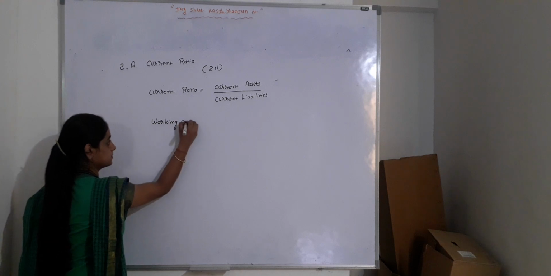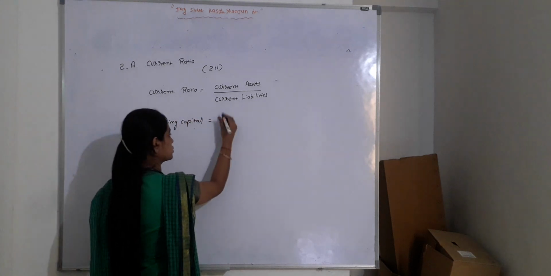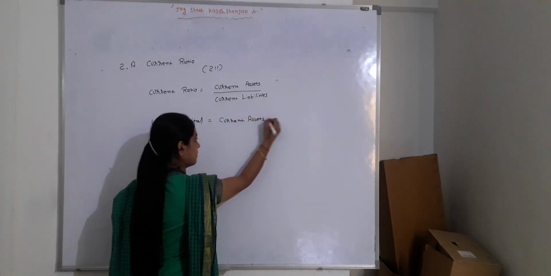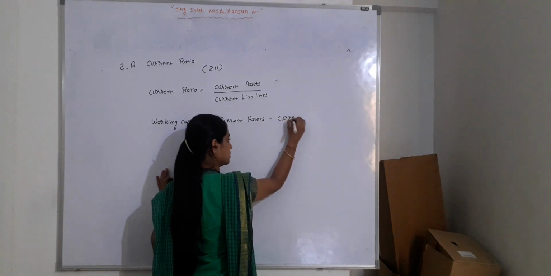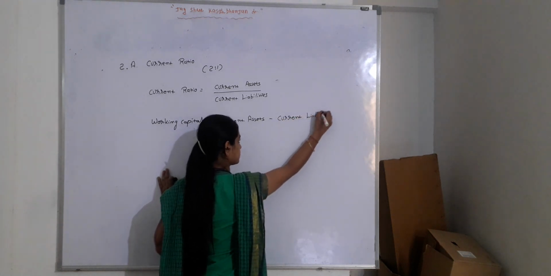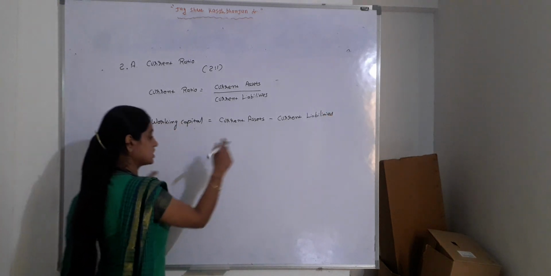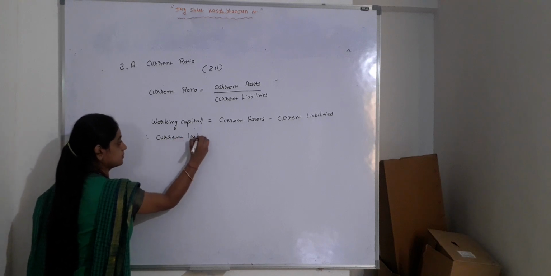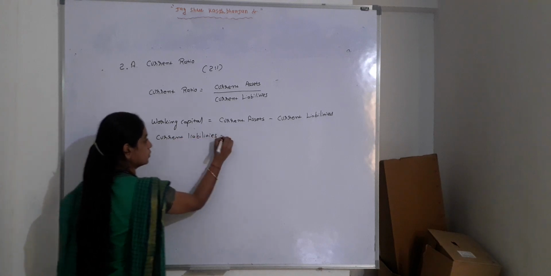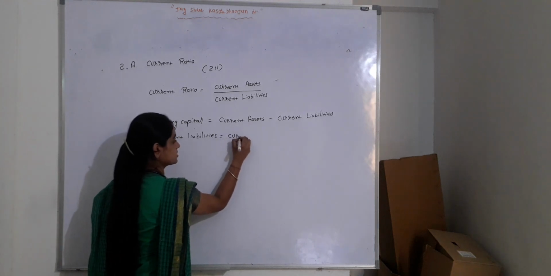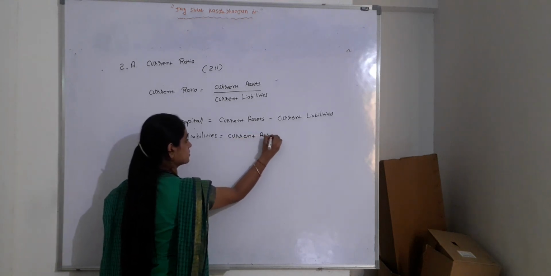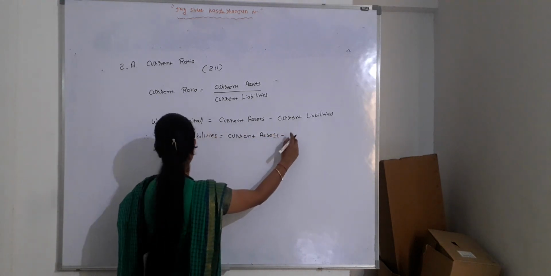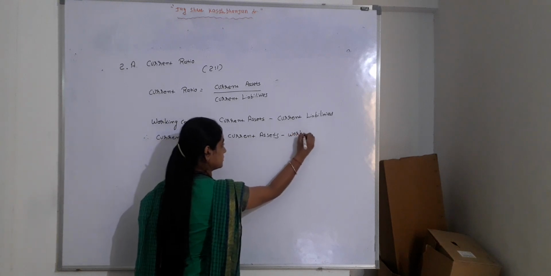If they have not given current assets and current liabilities, then we can use this formula: working capital is equal to current assets minus current liabilities. If they have not given us current liabilities, then we can find it as current assets minus working capital.